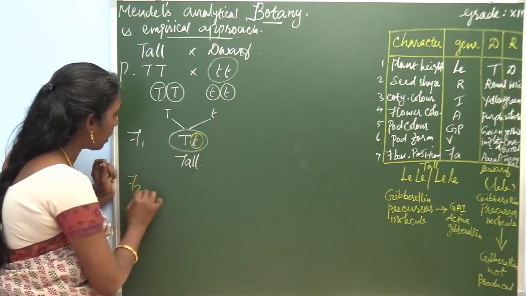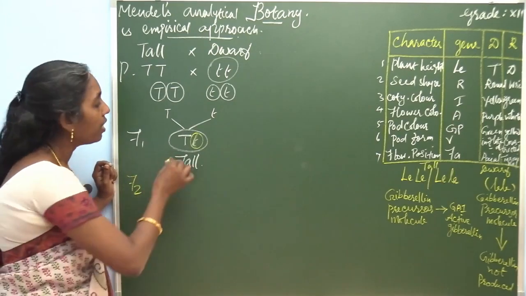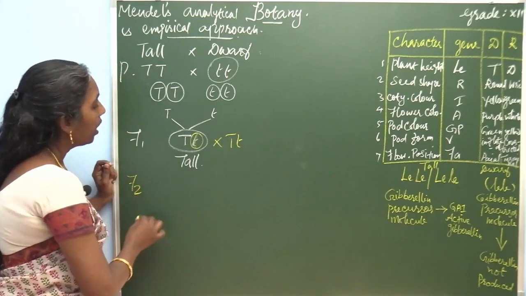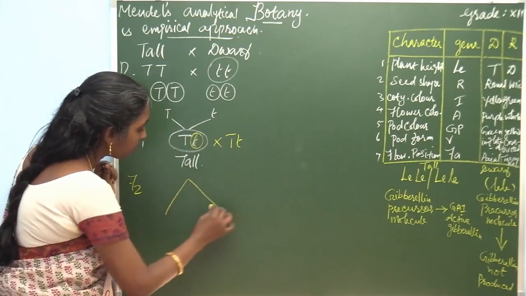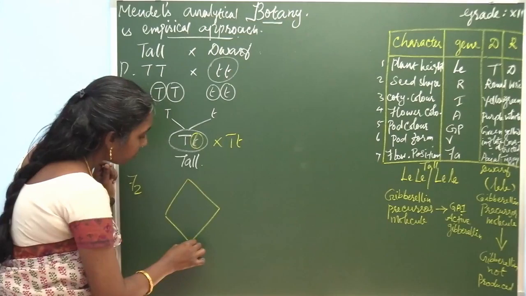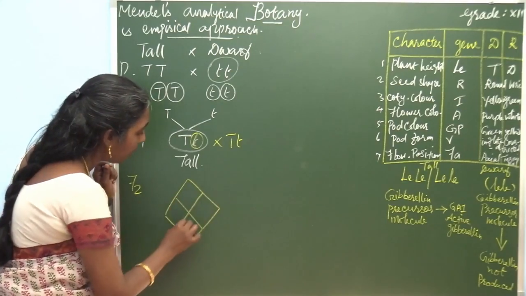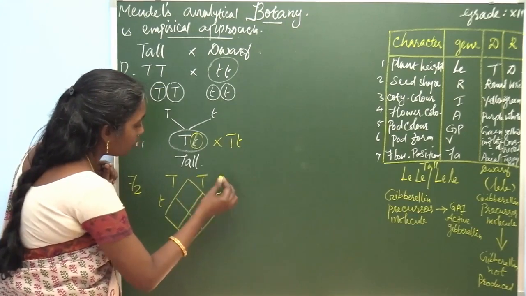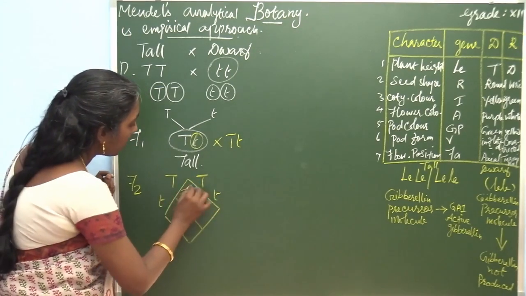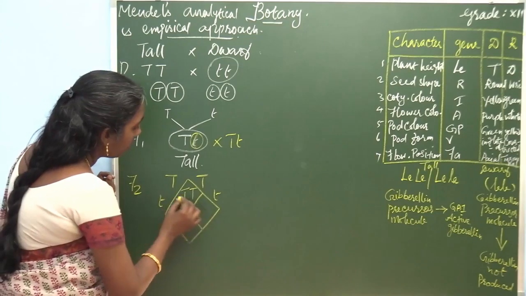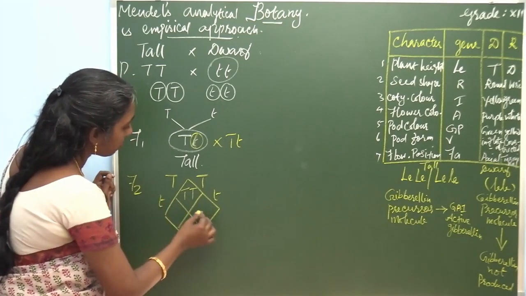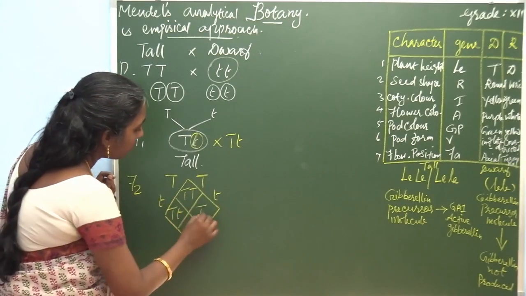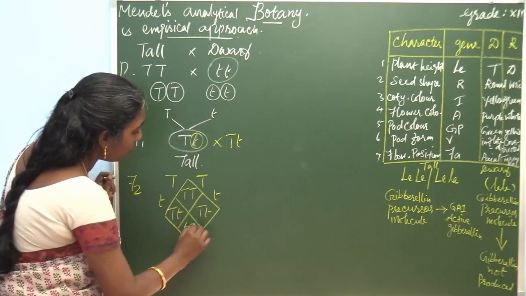In the F2 generation, when this F1 is selfed, it produces capital T capital T, capital T small t, capital T small t, and small t small t.